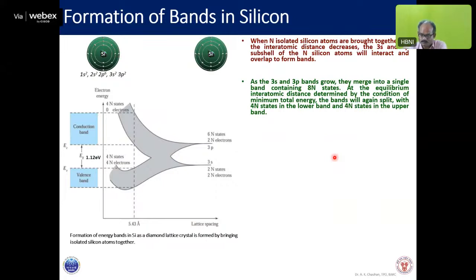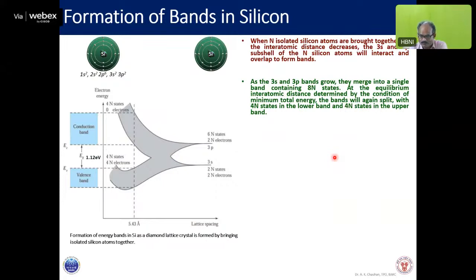When n isolated atoms are brought together, as the interatomic distance decreases, the 3p and 3s subshells of all the n silicon atoms will start interacting with each other and they overlap to form bands.